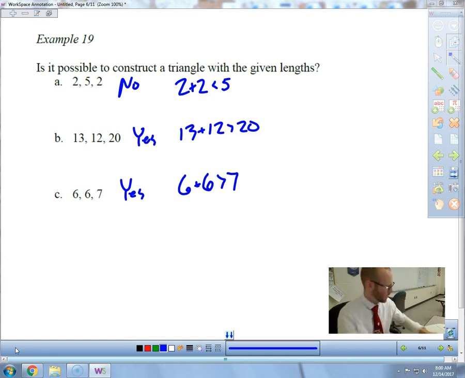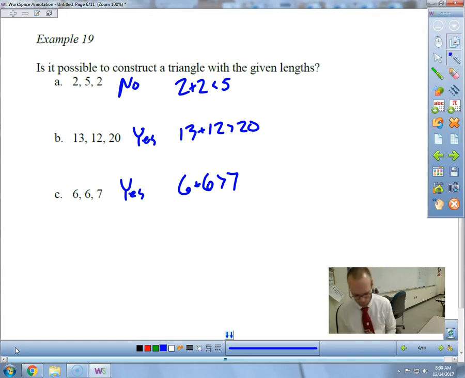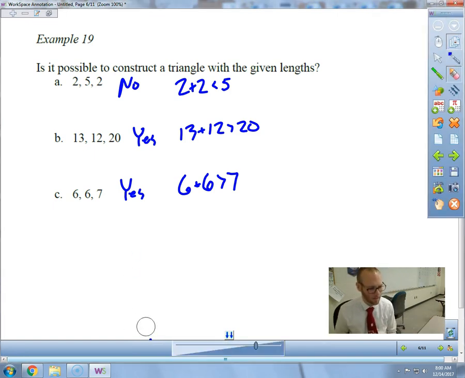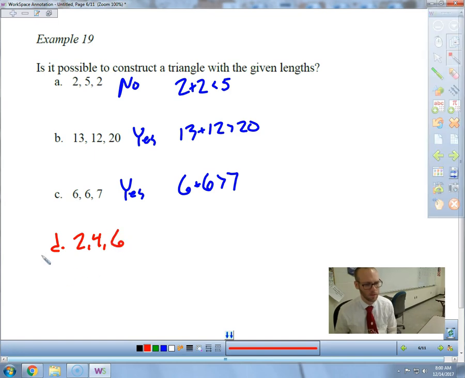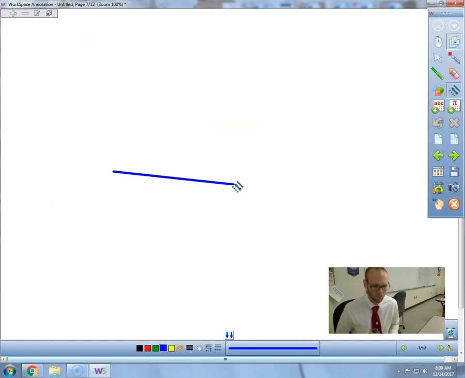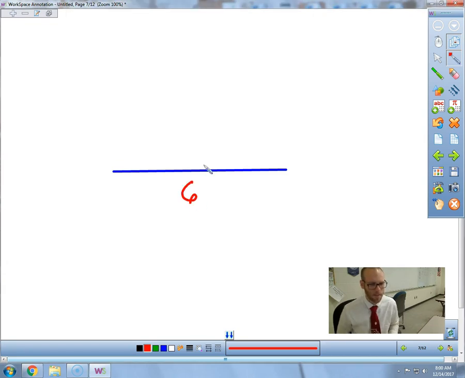Let me add one more example into this. What if I had side lengths of 2, 4, and 6? Is that going to make a triangle? Let's say that's 6. Let's say that's 2.